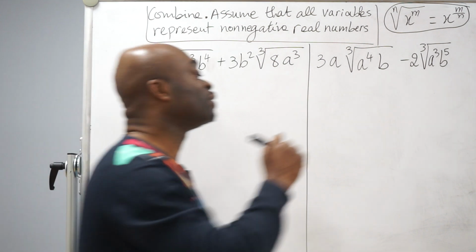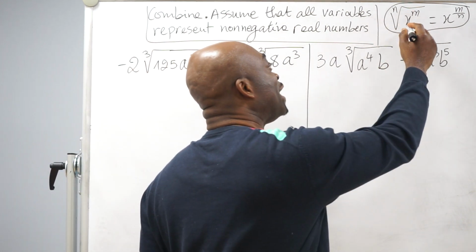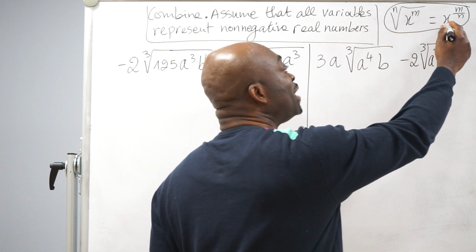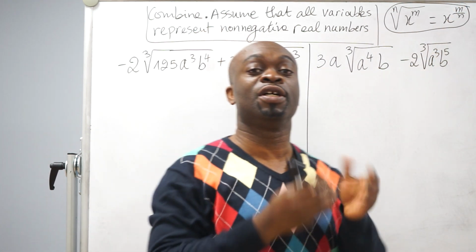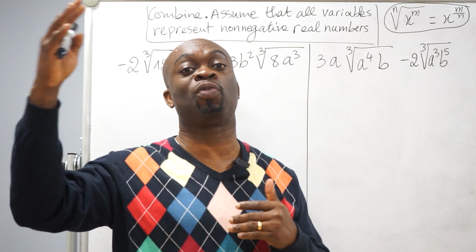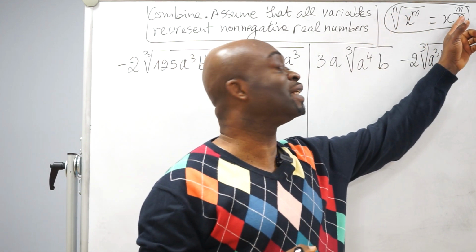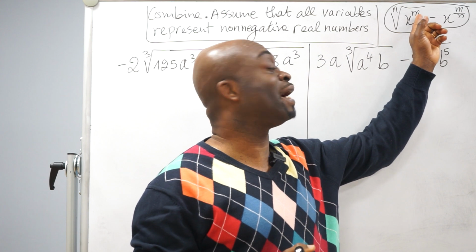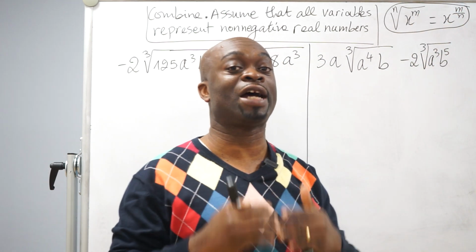So I put on the right side over here that the nth root of x to the power m is just the same thing as x to the power m over n, because you can change a radical into an exponential format. So the n, which is the index, becomes the denominator, and the m, which is the exponent, becomes the top number of the fraction, okay?